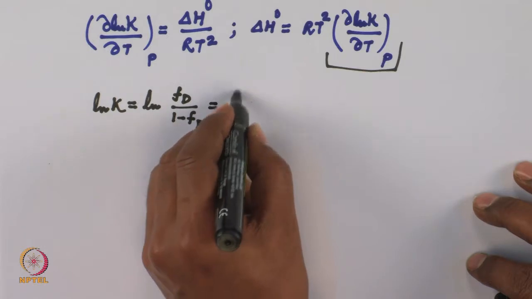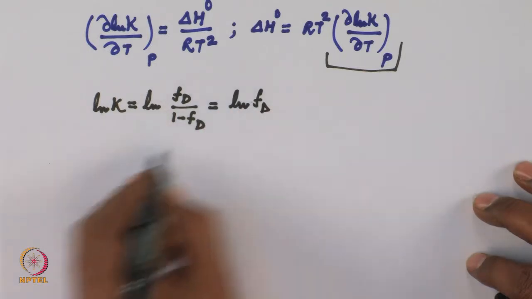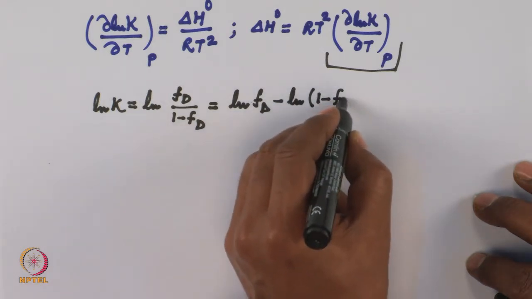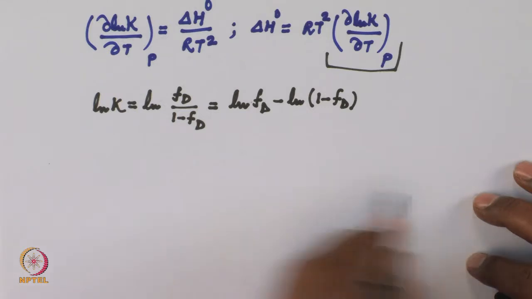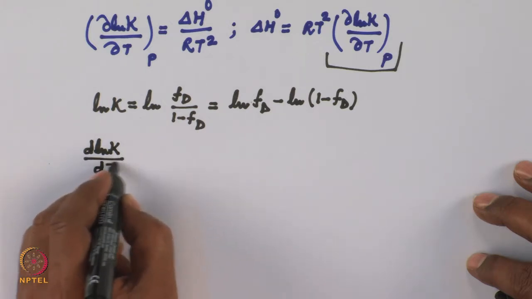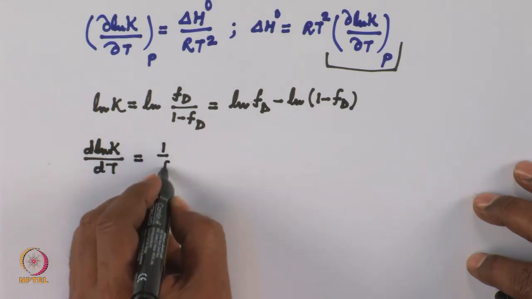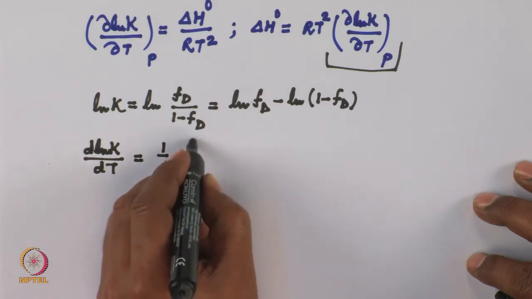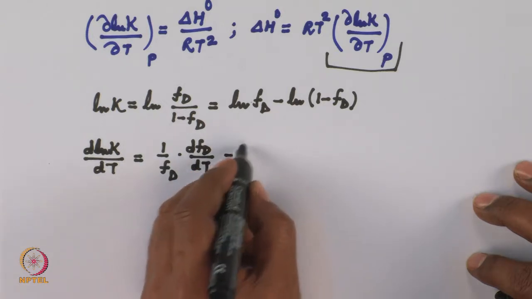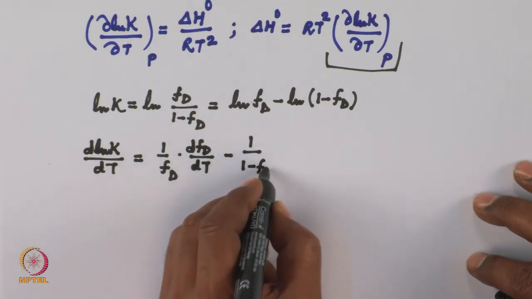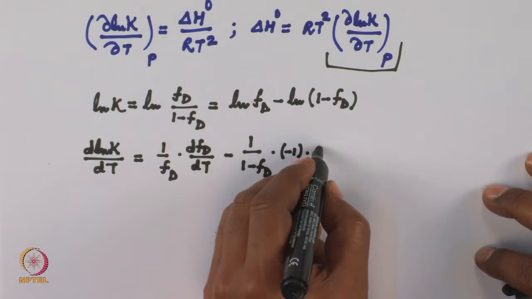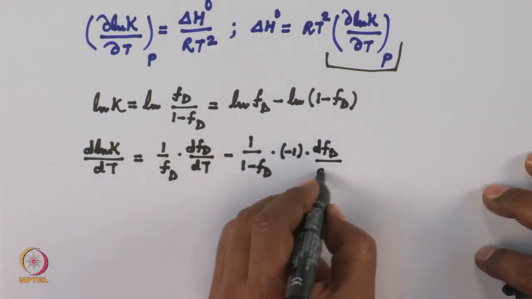If I write this as log Fd minus log (1 minus Fd), and I take its derivative, it will be equal to 1 over Fd into dFd by dT minus 1 over (1 minus Fd) into minus 1 into dFd by dT.